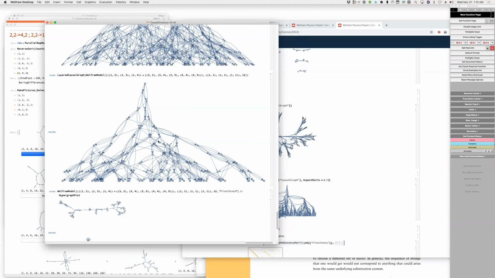I think we also need these layered causal graphs for multi-way systems, because they make sense there as well, don't they? I think so.